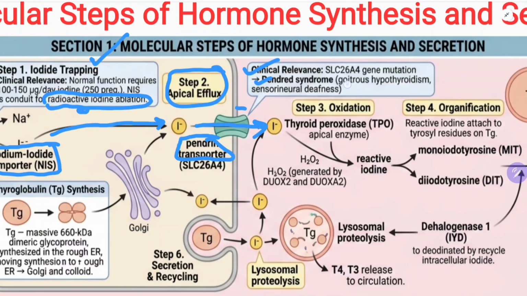That results in goitrous hypothyroidism, meaning the thyroid gland gets enlarged along with hypothyroidism, because there is no transporter, so iodine cannot enter the colloid from the columnar cells. Along with that, there will be sensorineural deafness. The combination of sensorineural deafness with goitrous hypothyroidism is Pendred syndrome.